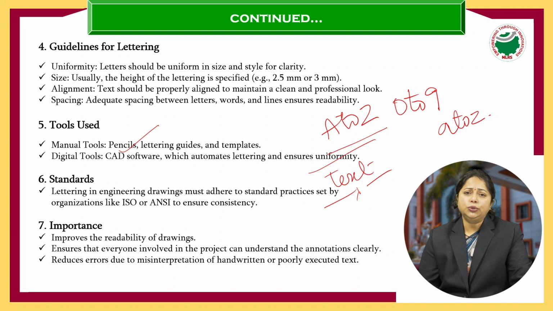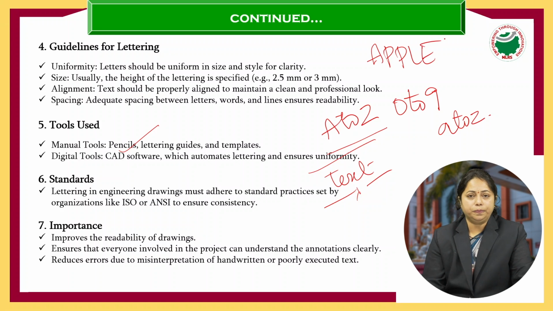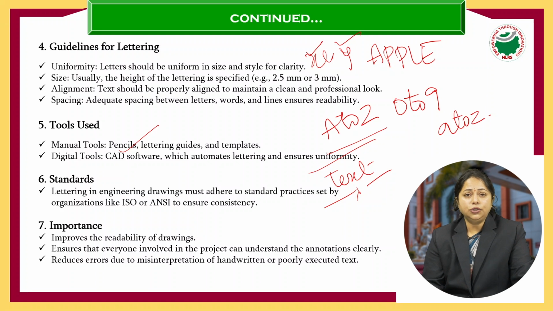When we are doing lettering, it is not like we simply write. For example, if I am supposed to write A, P, P, L, E, apple, you have to understand that my handwriting does not coincide with yours. Let us say there are two people, X and Y. X has a different style of writing and Y has a different style of writing. But as told earlier, engineering drawing is a standardized language.